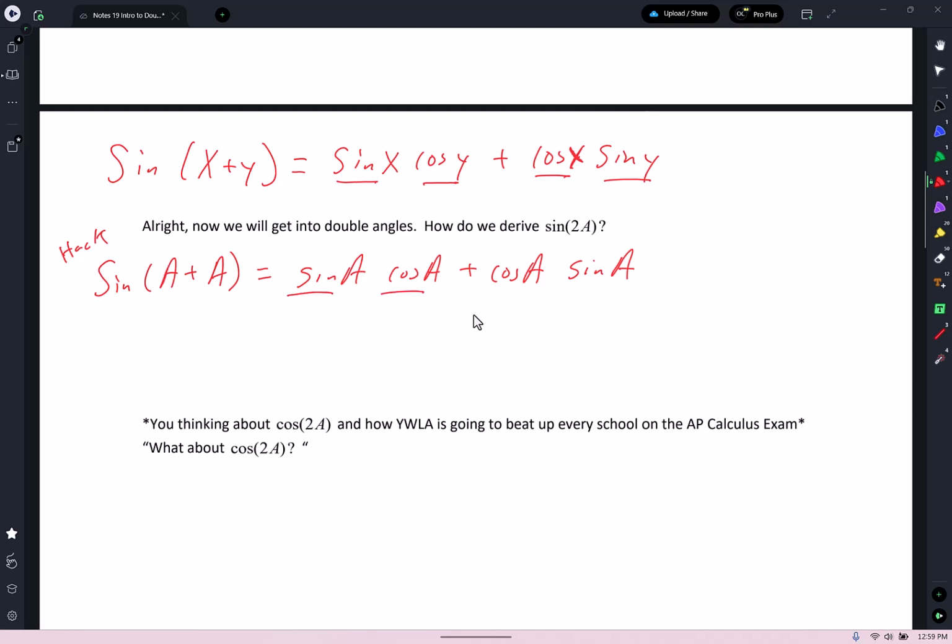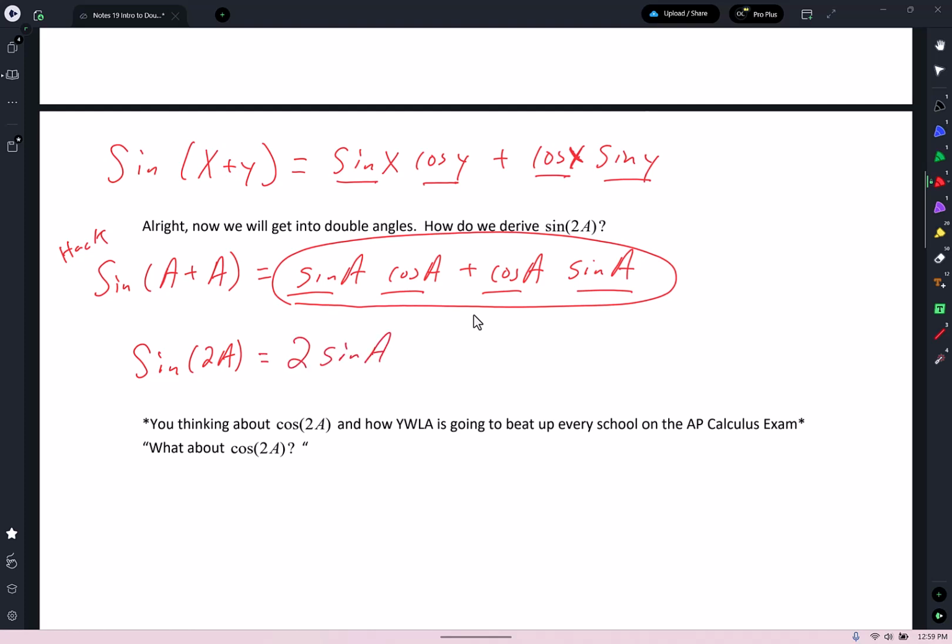Sine times cosine is the same thing as cosine times sine. How many sine cosines do you have? 2. So 2 sine a cosine a.